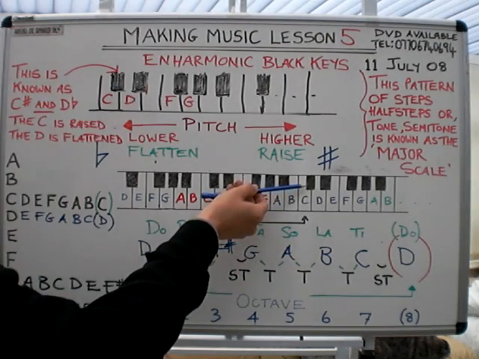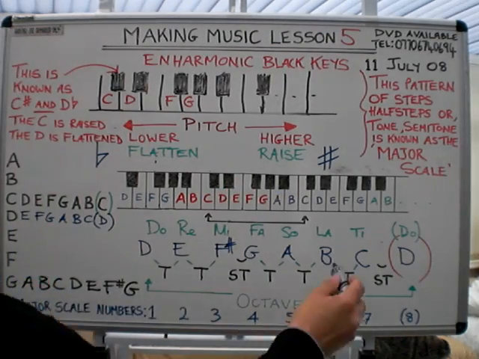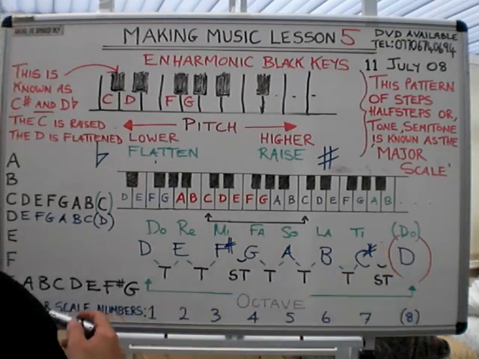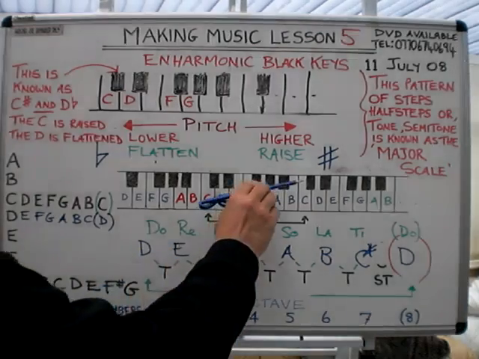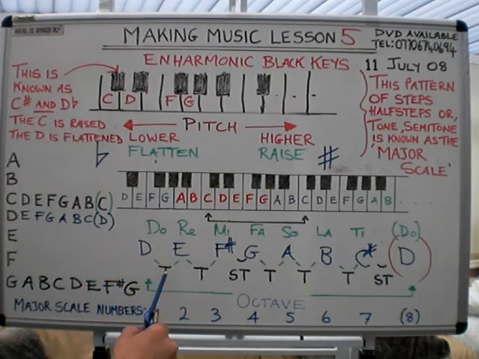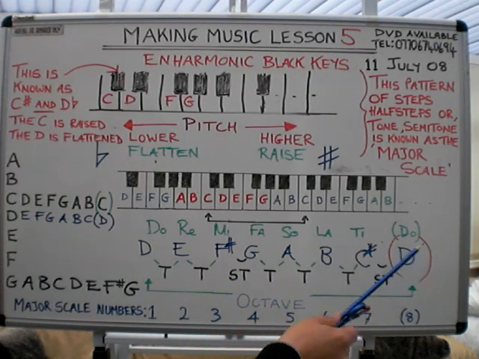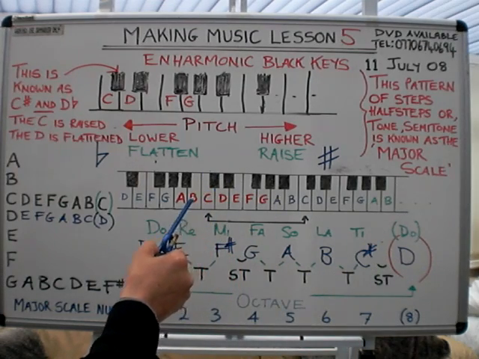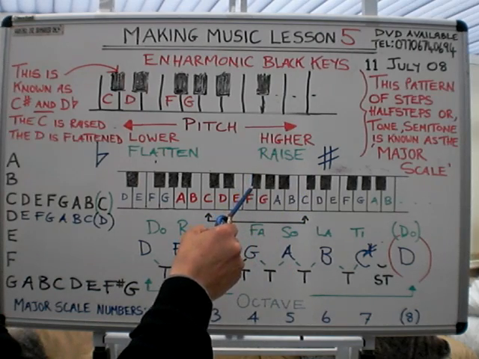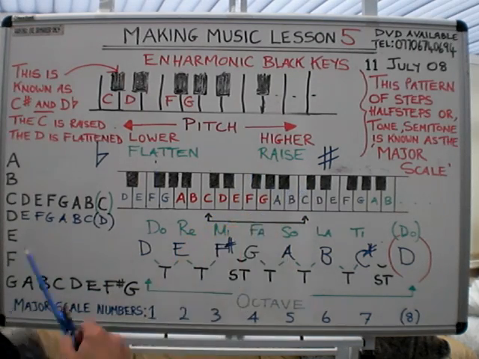Oh, with a sharp, all the C's are sharpened. And last one, semitone. So by applying this tone, tone, semitone structure, starting from D to the next D, we end up with an F sharp and a C sharp.